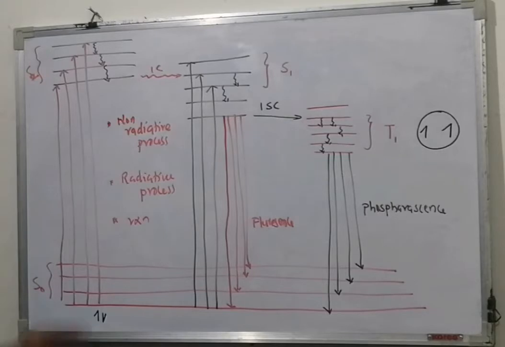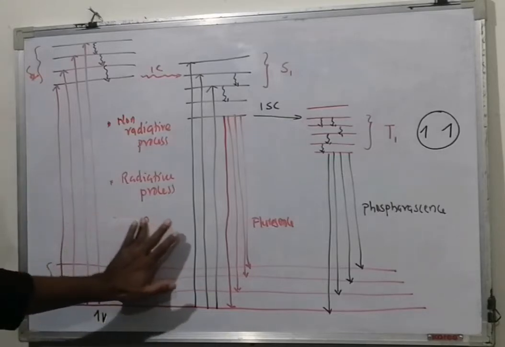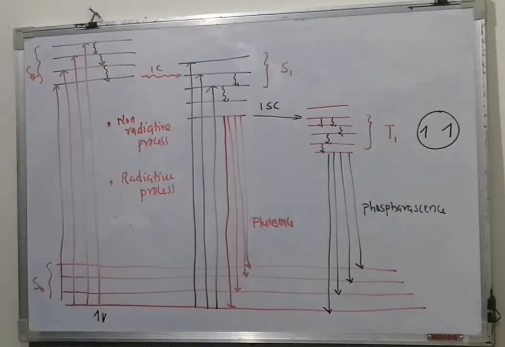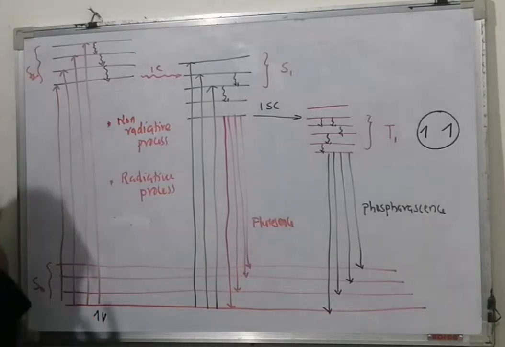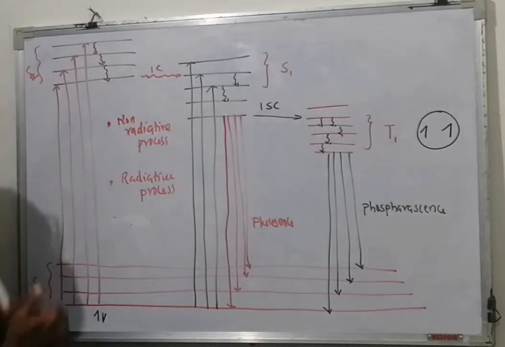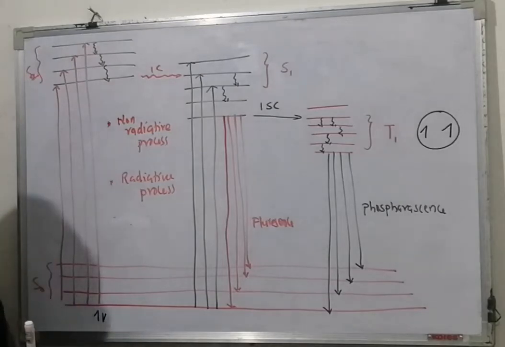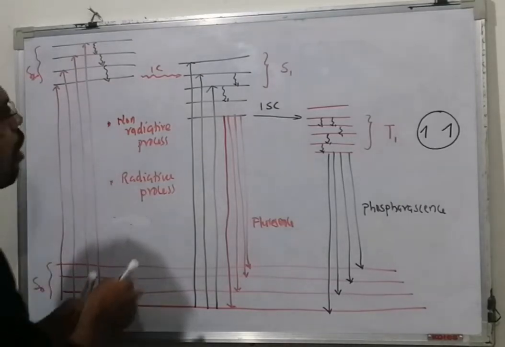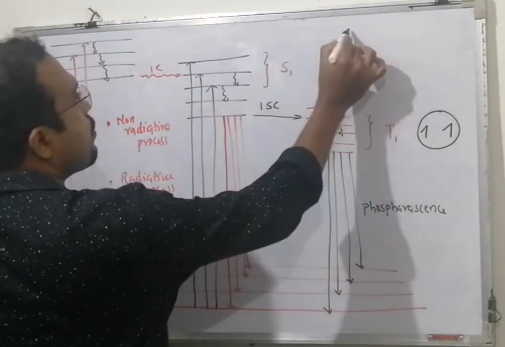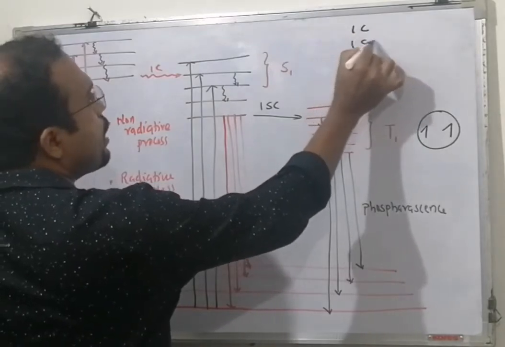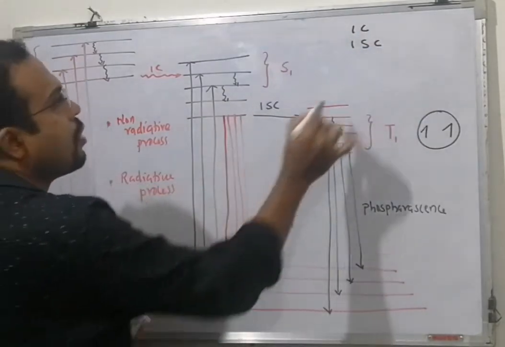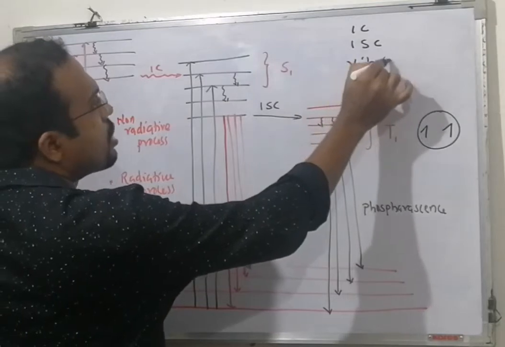Now this diagram discusses both radiative and non-radiative processes. Non-radiative process means it undergoes de-excitation through a non-radiative way. Some examples of non-radiative processes are internal conversion, inter-system crossing, and vibrational relaxation.